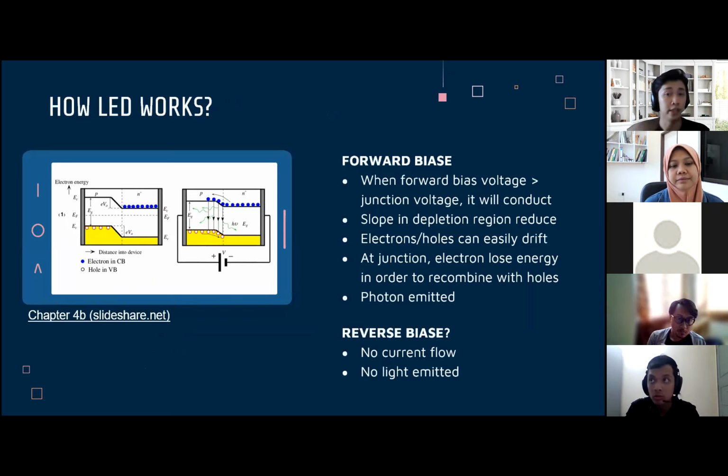The slope in the depletion region reduces, and electrons or holes can easily cross, drift. It's similar to the PN junction. At the junction, the electron loses energy in order to recombine with a hole and a photon is emitted. And I have mentioned before regarding reverse bias, no current flows and no light is emitted.